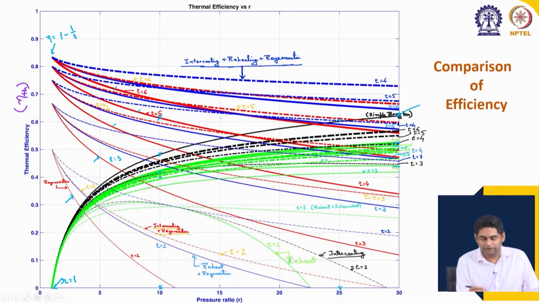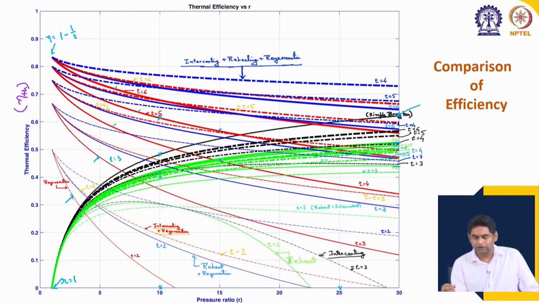So, similarly, without solving we can now say that at R equal to 15 for t equal to 5, we will have a value which is around 56-57% for the regeneration cycle. It is decreasing and we will get a value of 56-57%. So, similarly, you can say what will be the value for reheat. It seems that it will be around 46%. We can calculate and verify.